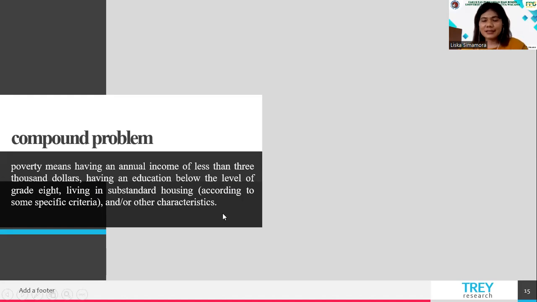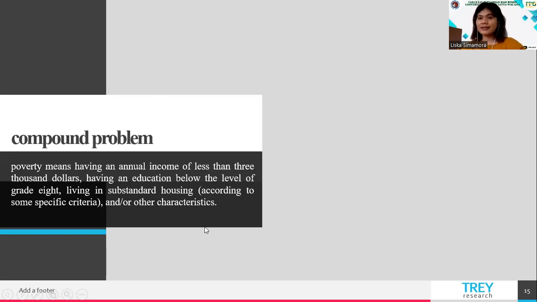So this is the clear difference between compound problem and simple problem. In simple problem, they just say poverty means having an income less than $3,000. But in compound problem, they say and/or other characteristics.